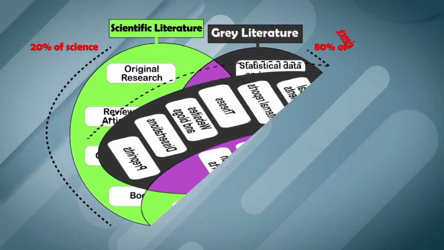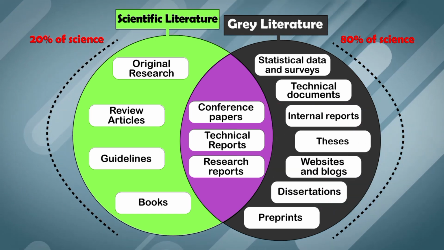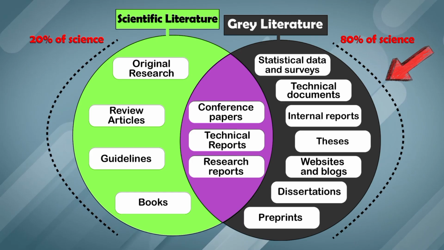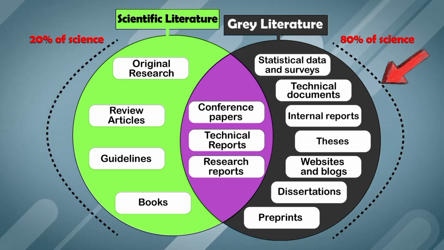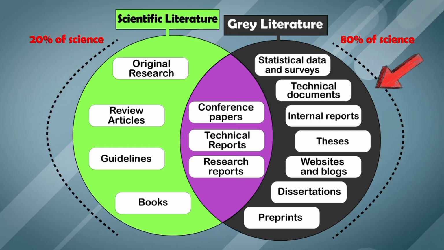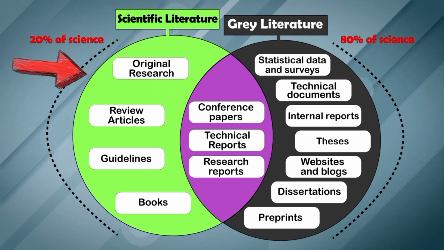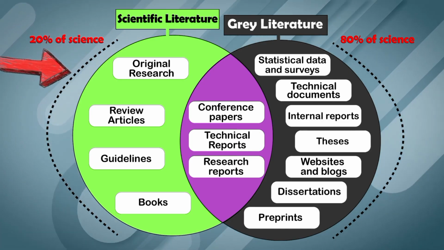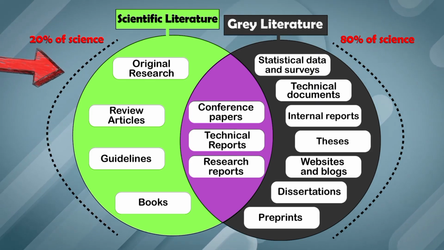For instance, internal technical reports or projects reviewed by internal committees, though credible and useful, are not formally published or peer-reviewed, and therefore belong to gray literature. On the other hand, research and review articles published in reputable journals are clear examples of scientific literature because they are documented, scientific, and released through peer review.